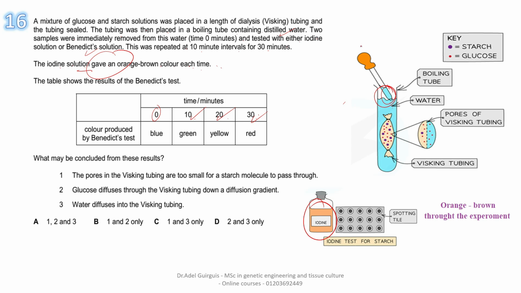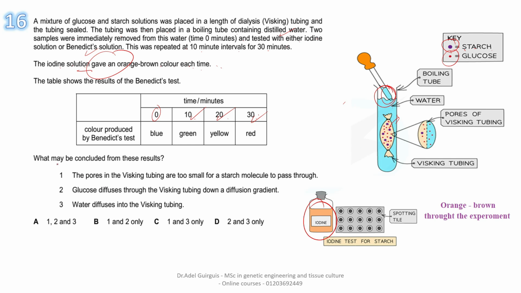Why? Because the starch molecules are too large to pass through the pores of the dialysis tube, or the pores are too small to allow starch to exit from it. While glucose molecules are very tiny, so they are released to the outside by diffusion.